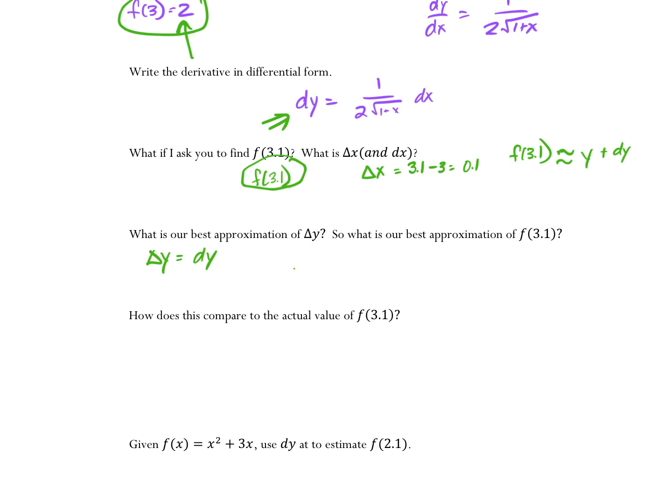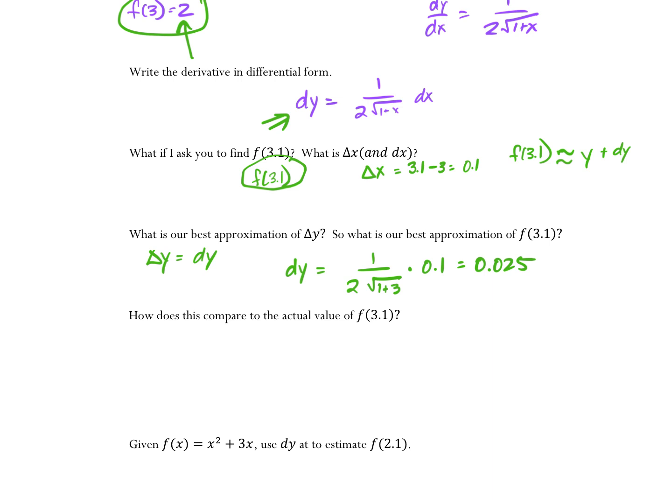So our dy is going to be 1 over 2, my x is going to be 3, and my dx is going to be 0.1. As we work this through, we can approximate dy with 0.025.